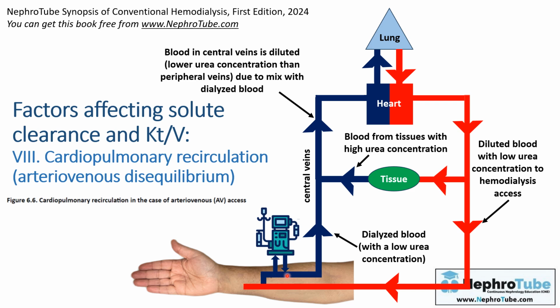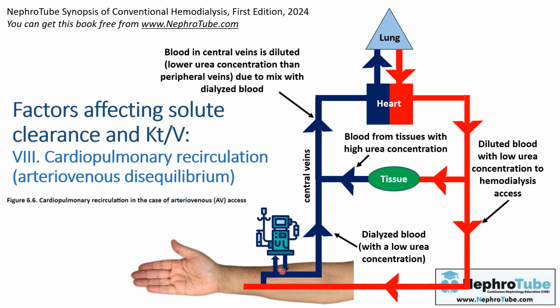So if I took a blood sample from here for urea, the urea level will be low, and this will overestimate the Kt over V. That's why we mentioned that if you are taking a sample here, you have to decrease the blood pump to 50. Why decrease the blood pump to 50? To decrease the clearance of urea, and this will decrease the effect of this cardiopulmonary recirculation and this dilution.